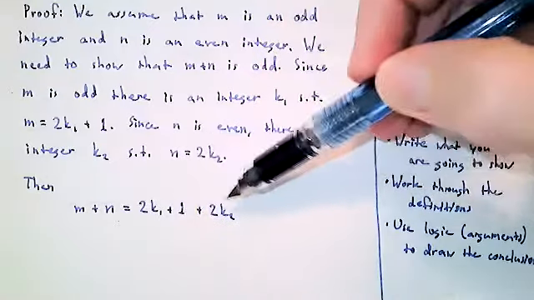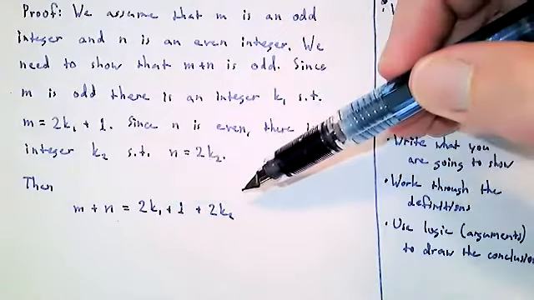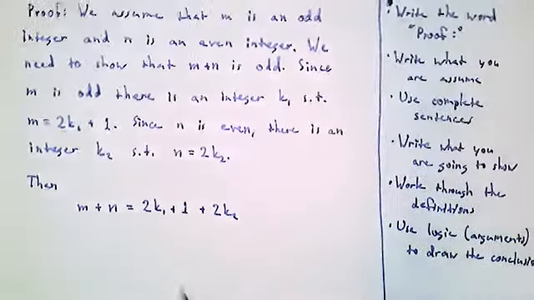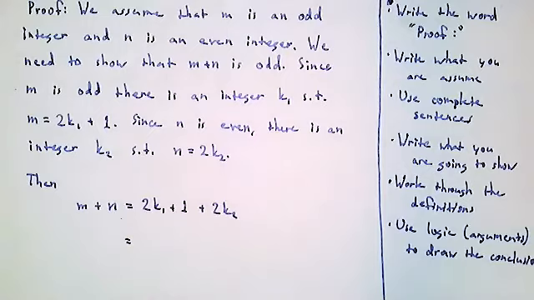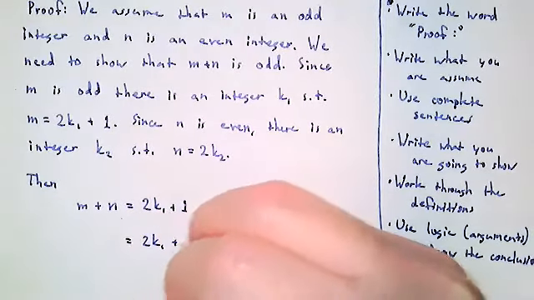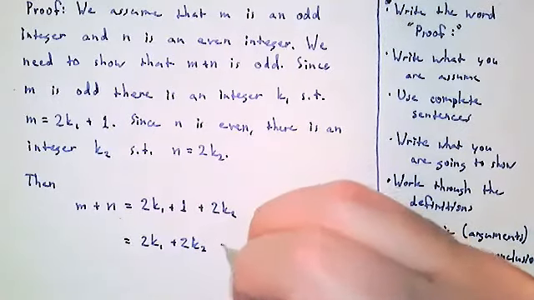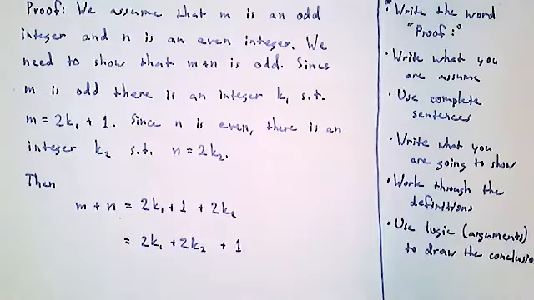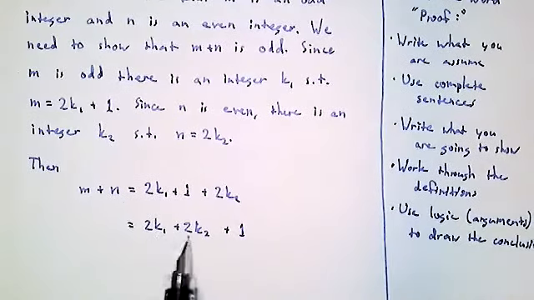And remember, in order for a number to be odd, we have to write it as 2 times an integer plus 1. In this case, we're going to have to do a little bit of cleaning. We need to collect the 2k1 and the 2k2 together, and leave the +1 on the end. Now both of these terms share a factor of 2.